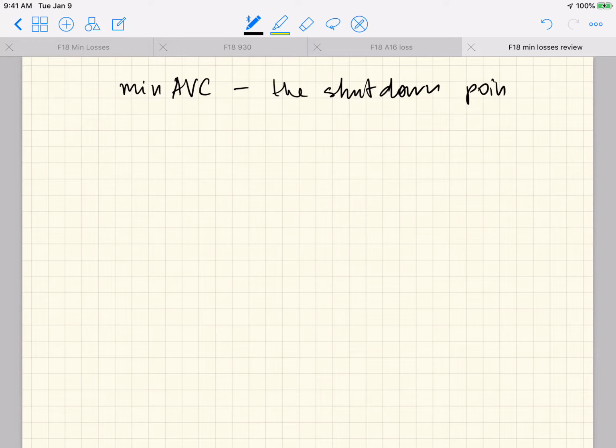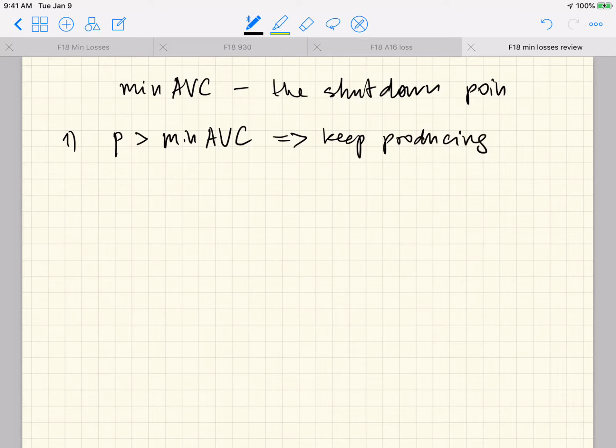So the rule goes like this: if market price happens to be larger than your minimum AVC, not ATC, that's important, then it makes sense to keep producing. Q is larger than zero, and when we say keep producing, how much?